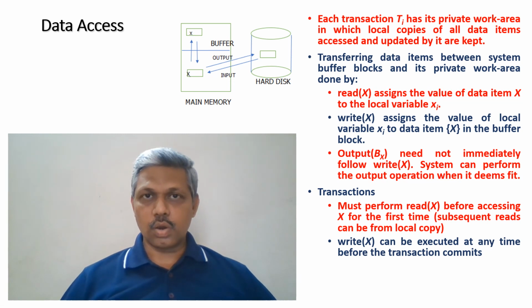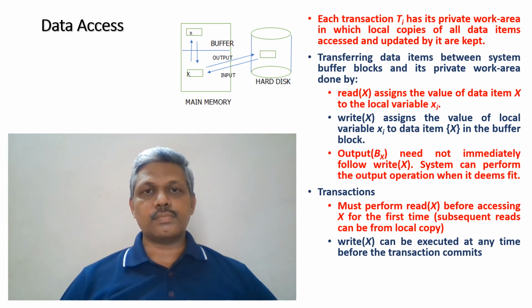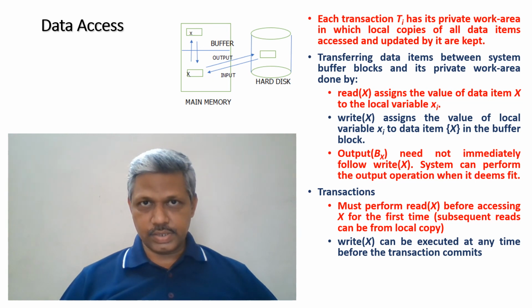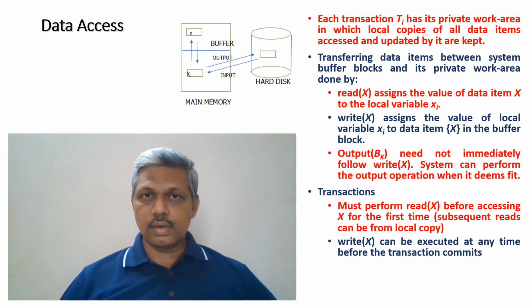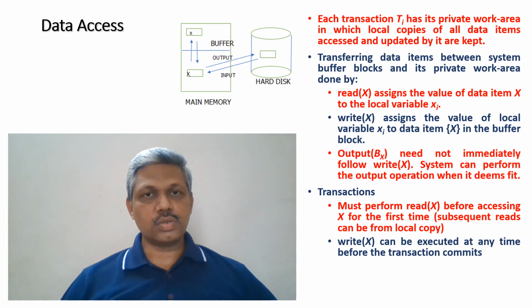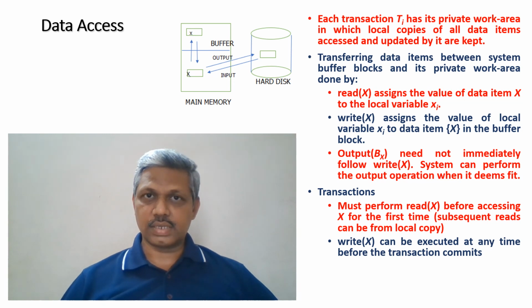Whereas once the transaction writes, that write is done in the local copy of the transaction, right? The immediate transfer of that data block need not be done to the external hard disk. Again, that can be done at a later stage and at the point of the transaction committing.